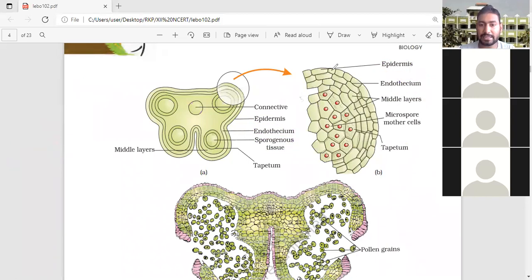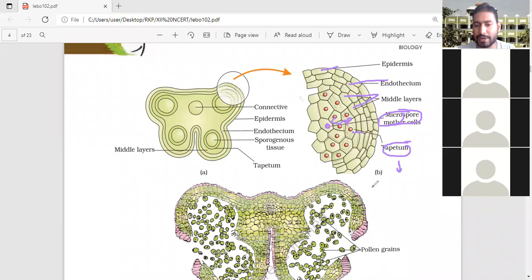Now the concept is clear that the outermost layer is the epidermis, then second is the endothecium, then the middle layer, and the last one is the tapetum. This is the microspore mother cell, meaning you can say sporogenous tissue. This is not tapetum. Tapetum will be here. This is the tapetum layer, and there are two features of the tapetum.